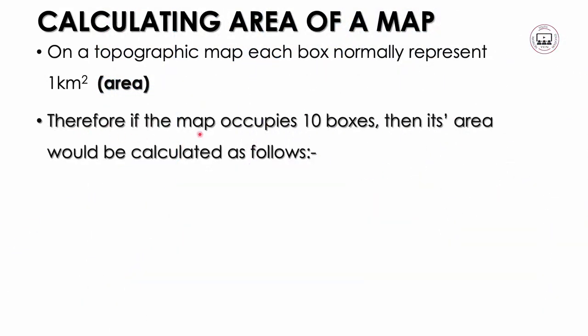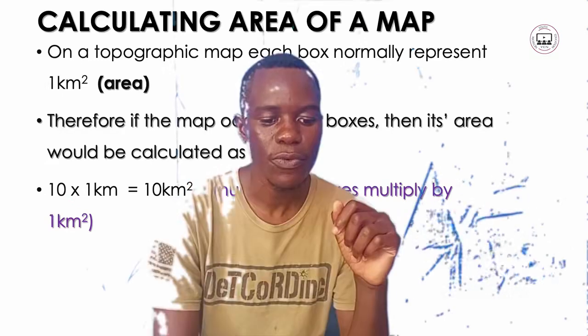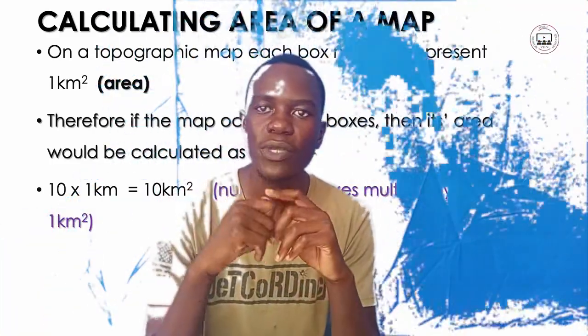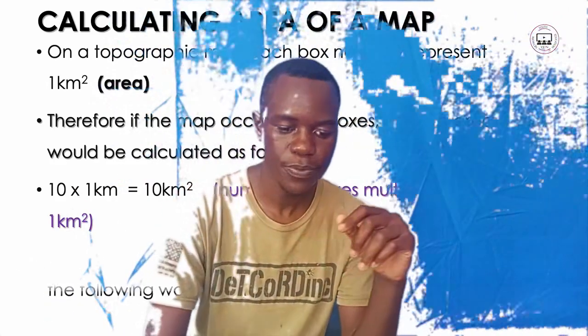Therefore, if the map occupies 10 boxes, its area will be calculated as follows: 10 kilometers times 1 kilometer, which equals 10 kilometers square. So we multiply the number of boxes by 1 kilometer square, because 1 kilometer square represents 1 box.